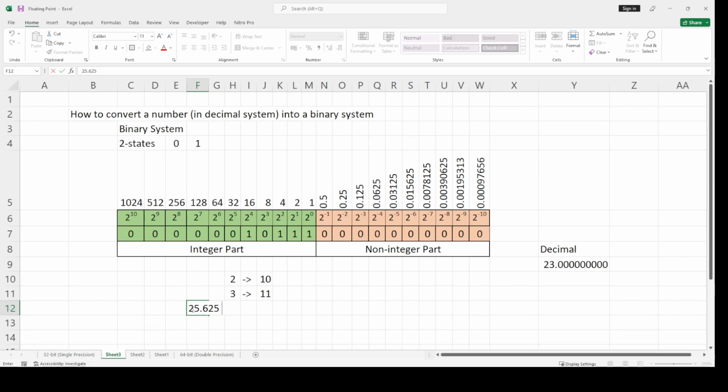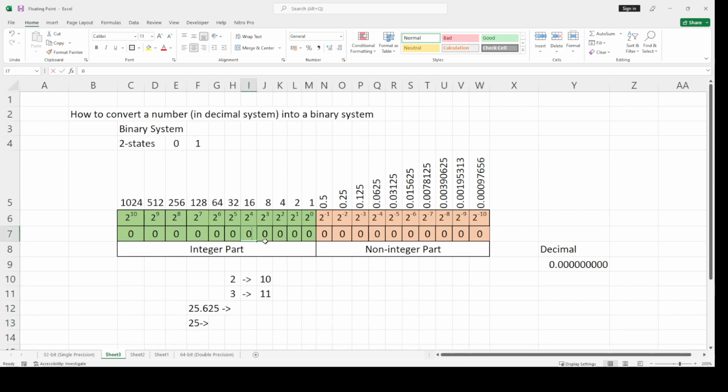What is the binary form of 25.625? First, we need to see what is the binary form of 25. So in the integer part, that is 25. Let's see what is the binary of 25.